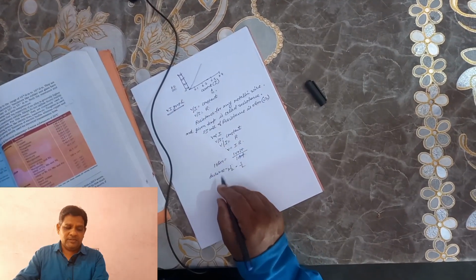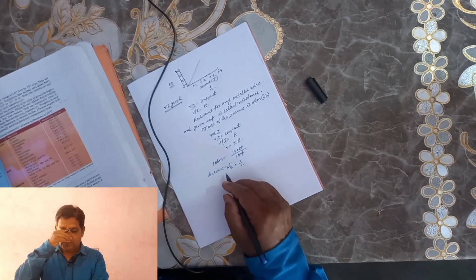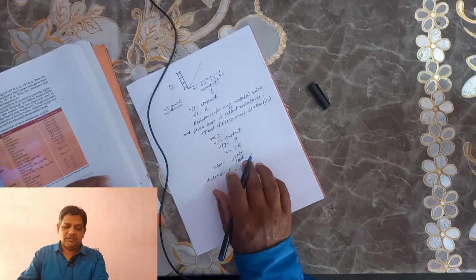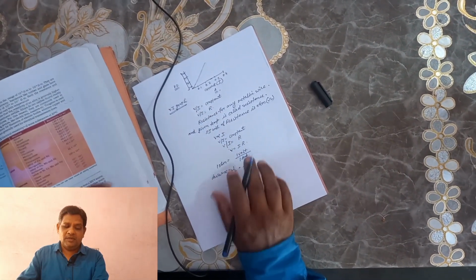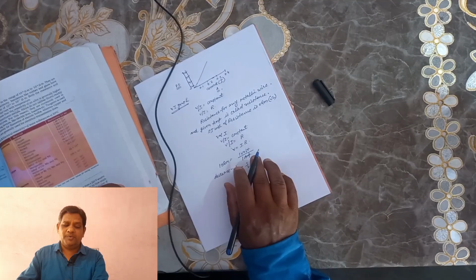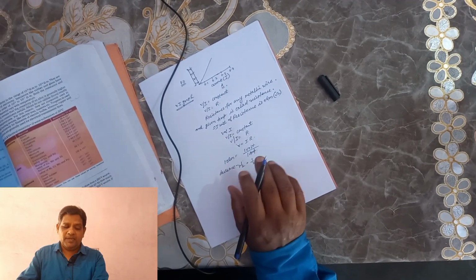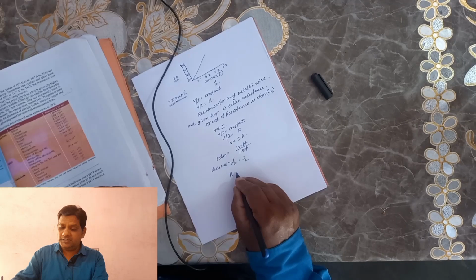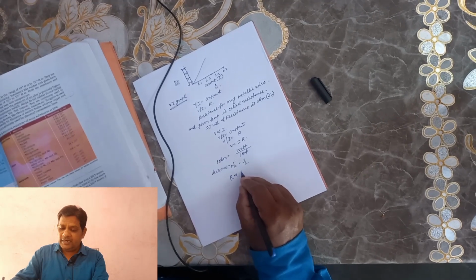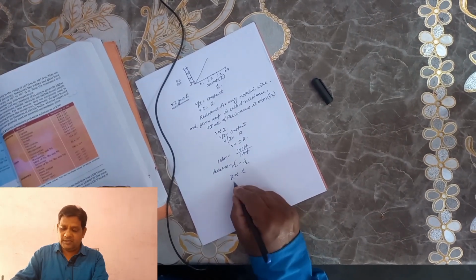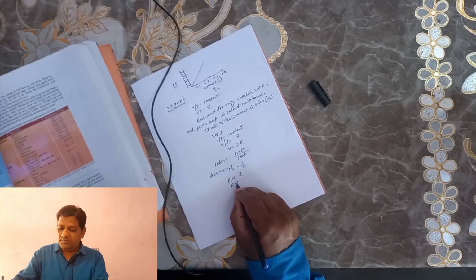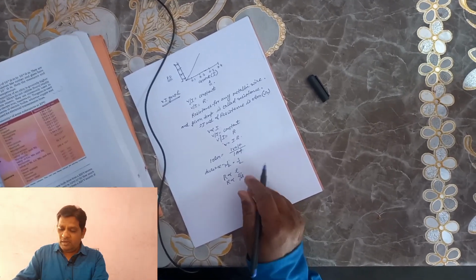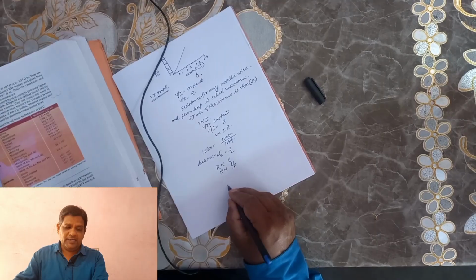You can simply say that the resistance of a uniform metallic conductor is directly proportional to its length, or you can say resistance is directly proportional to L by A, that is, length by area of cross section.